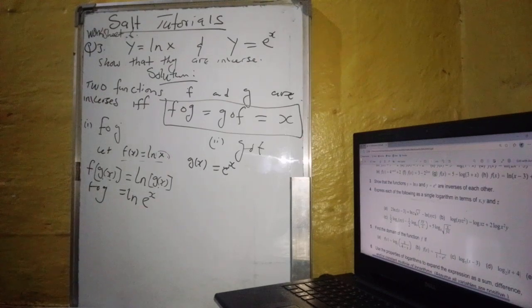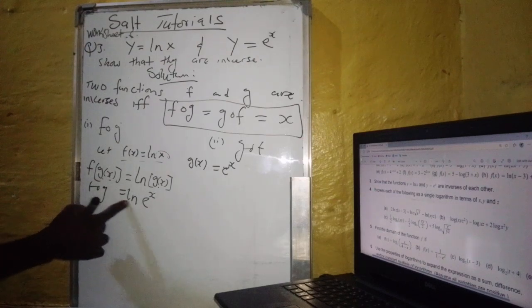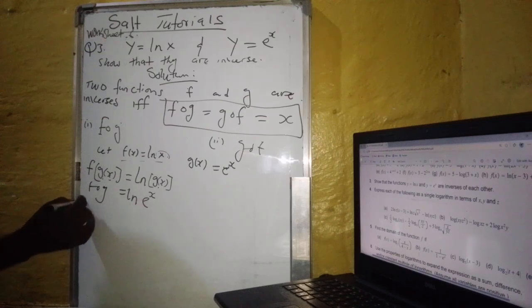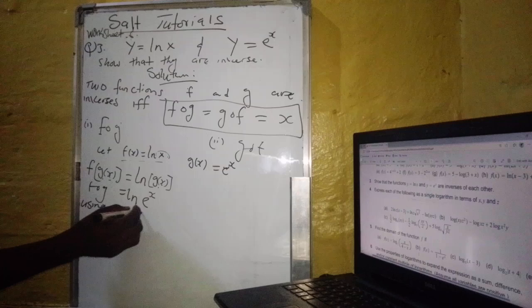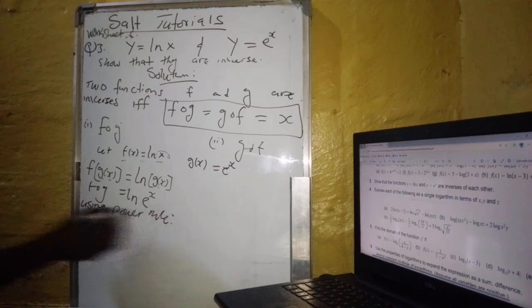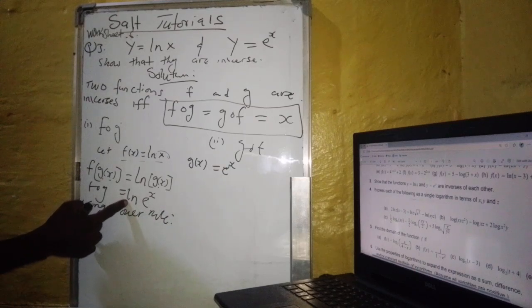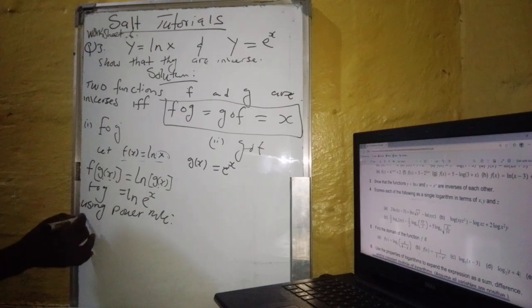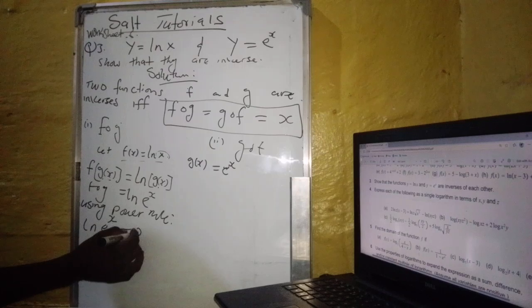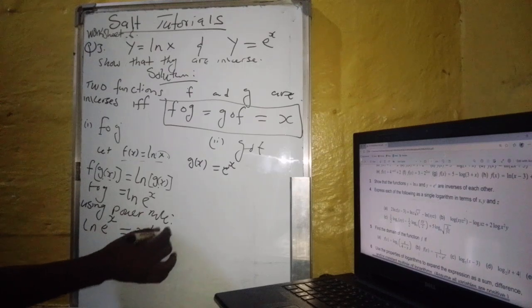Basically, the rules should start applying now. Natural log of e power x, using the power rule, the x drops down. So this is x times the natural log of e.